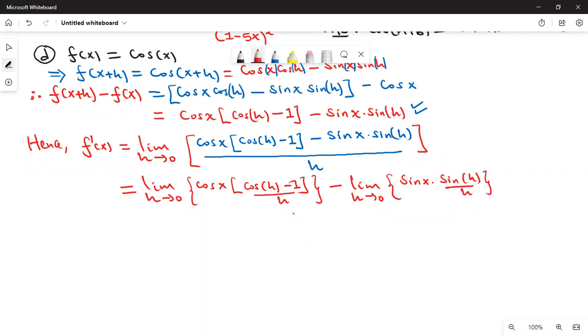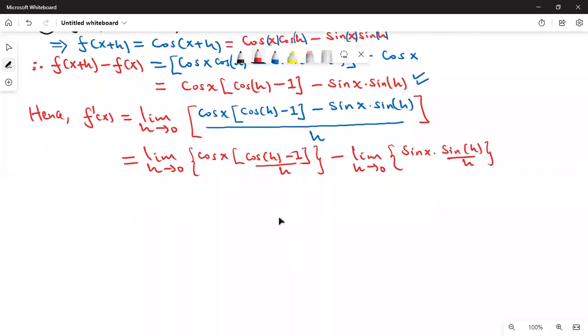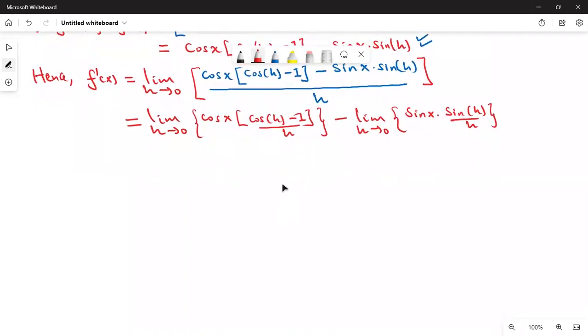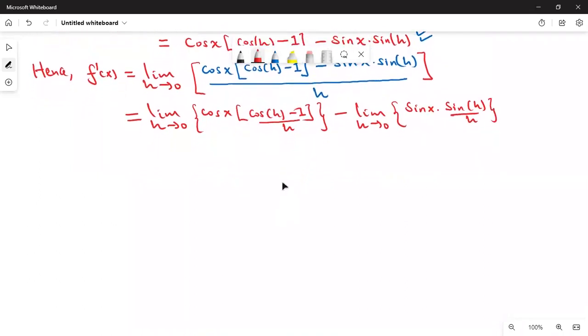And you see, when you talk of limit, anything that does not depend on h, you can factor that out. So those, the functions of x, we can factor them out, so that this you can write as cosine of x outside then times limit as h approaches 0 of cosine of h minus 1 over h.